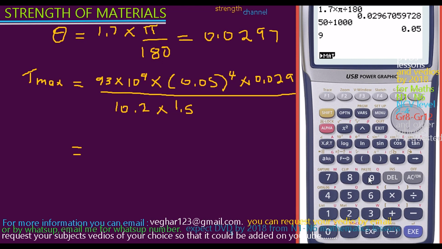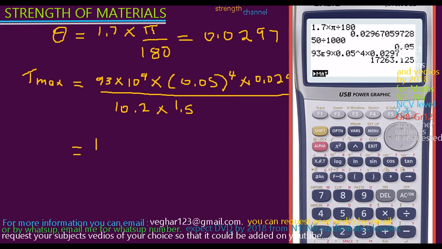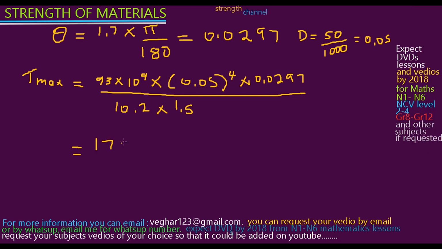So calculating the top part, you say 93 times 10 to the power 9, multiplied by 0,05 raised to 4, multiplied by 0,0297, equals, so I have something like 17263,125.